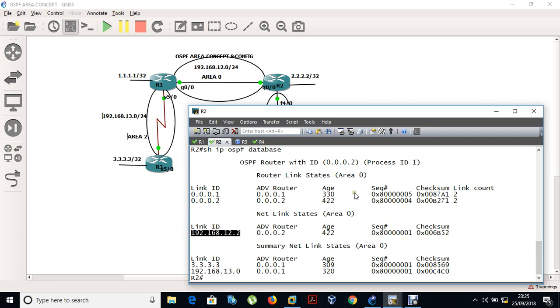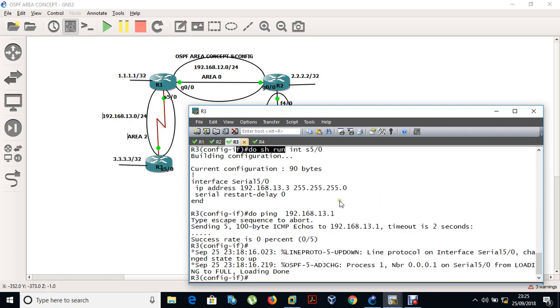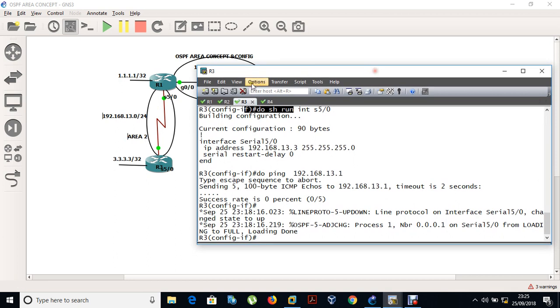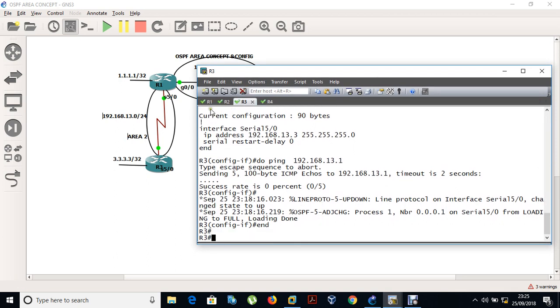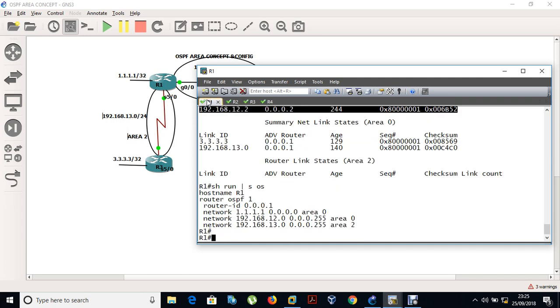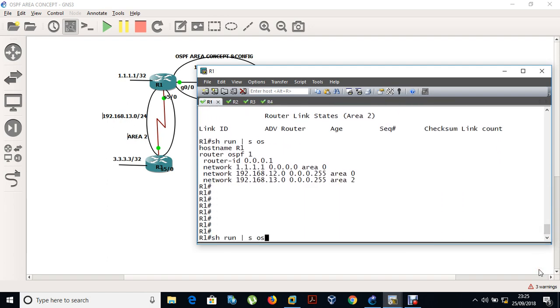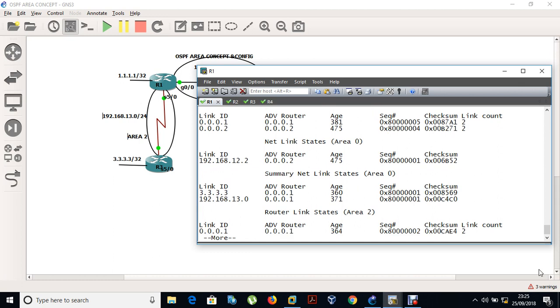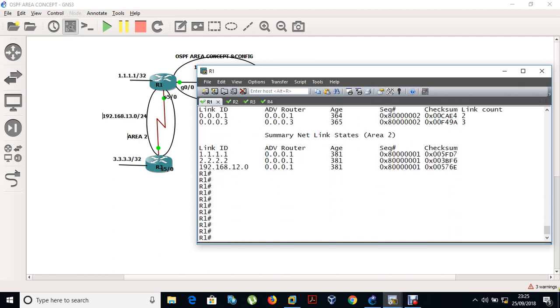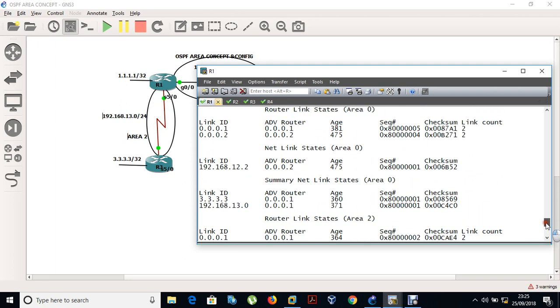Okay, if we go to, for example, R3, which is in area 2, or if I go to a member of area 2, because we can even see this information about R3 in R1 as well, because R1 is a member of area 0 and area 2.